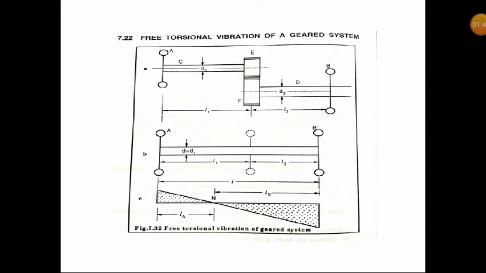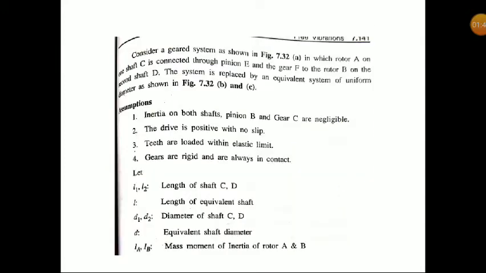So the different steps you have to do here, before that we have to make some assumptions. First, the inertia on both shafts, that is pinion E and gear F, is negligible. Clear?